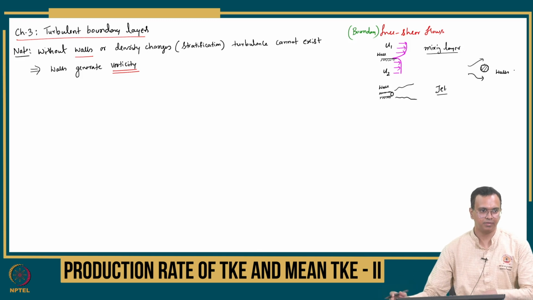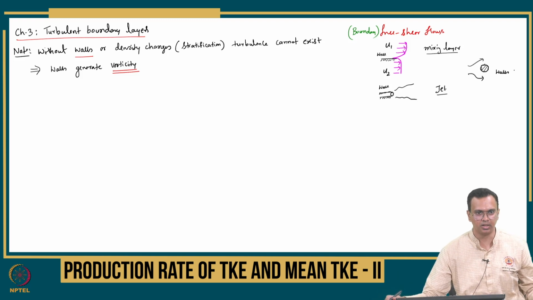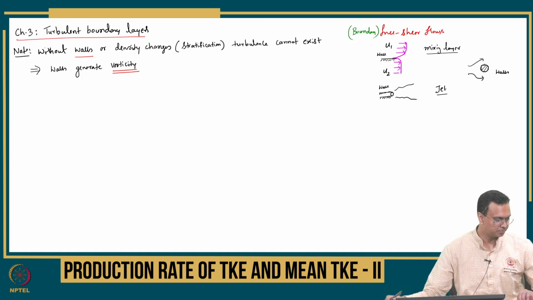Even though these are classified as free shear flows, there is a boundary present. You remove that boundary, and let's say this is an isothermal flow, no stratification, turbulence cannot exist here. The boundary is important even in a free shear flow, and obviously it is much more important in a boundary layer. The surface generates vorticity.